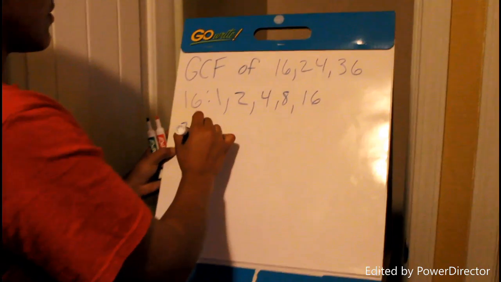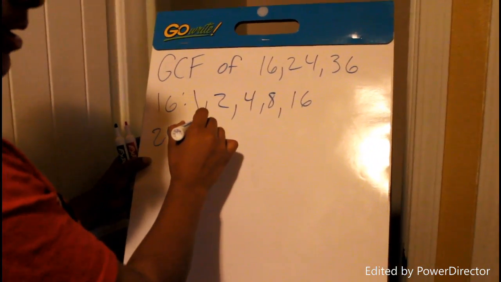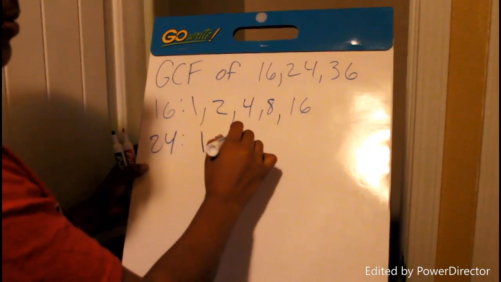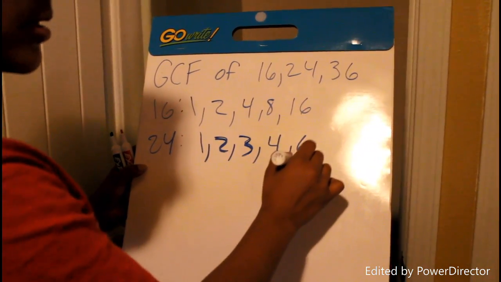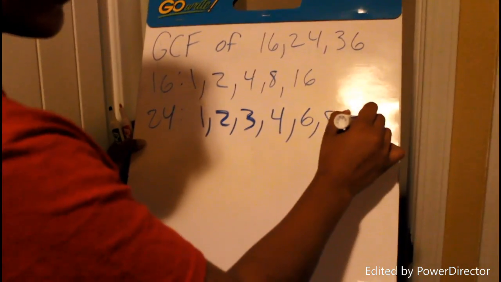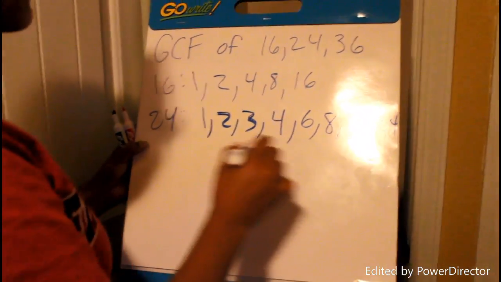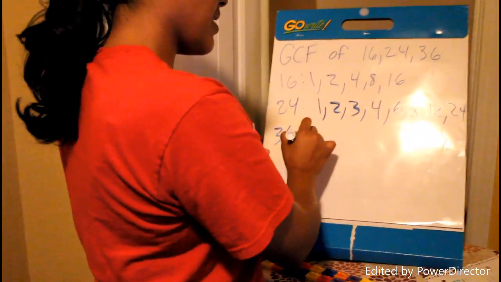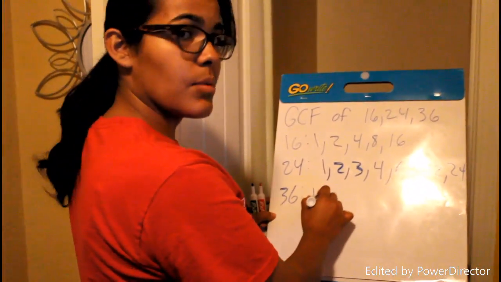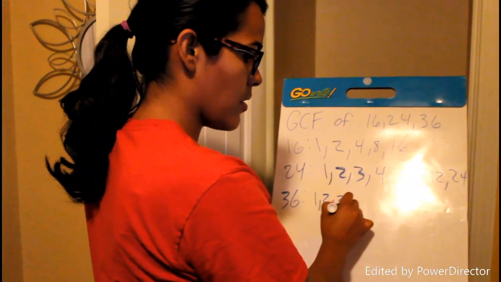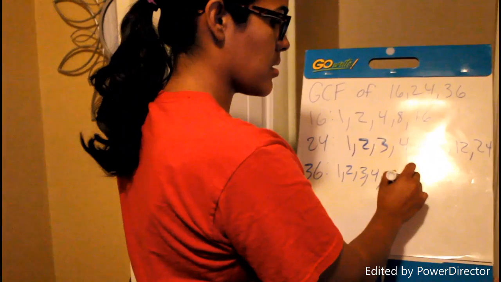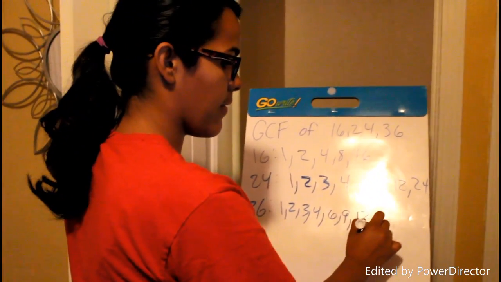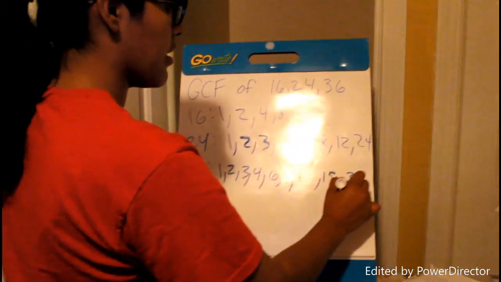For 24, the numbers are 1, 2, 3, 4, 6, 8, 12, and 24. The next one will be 36. And the numbers that go into 36 are 1, 2, 3, 4, 6, 9, 12, 18, and 36.